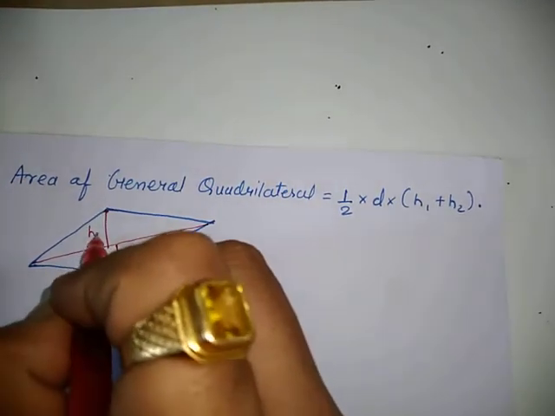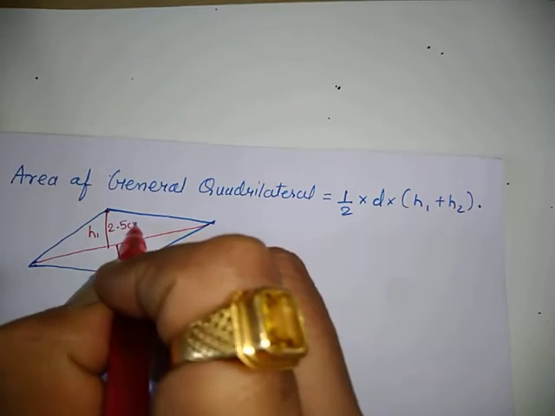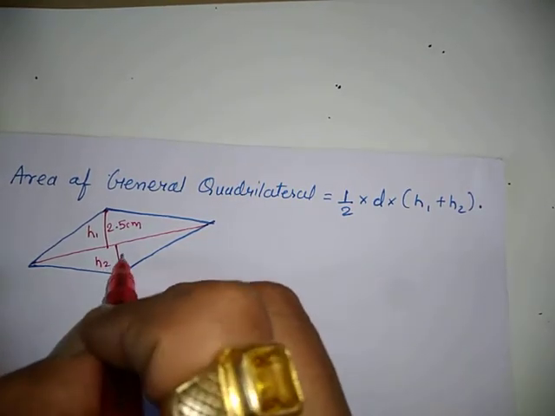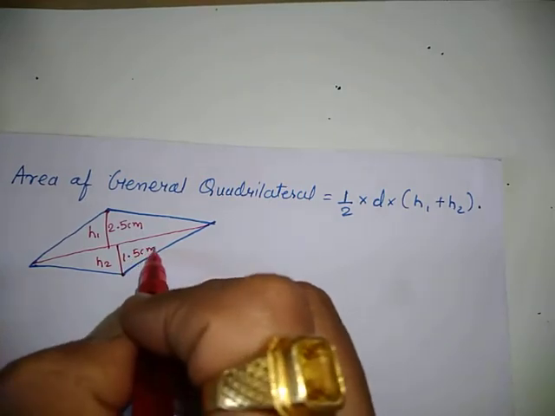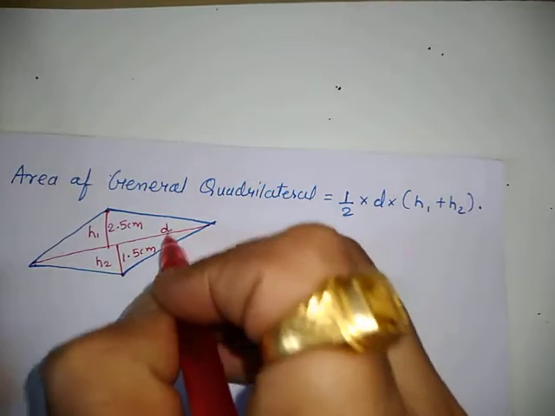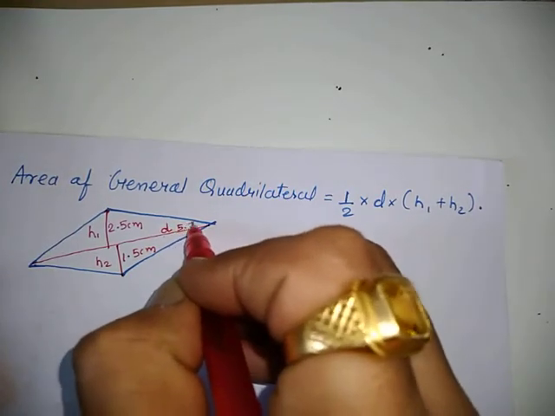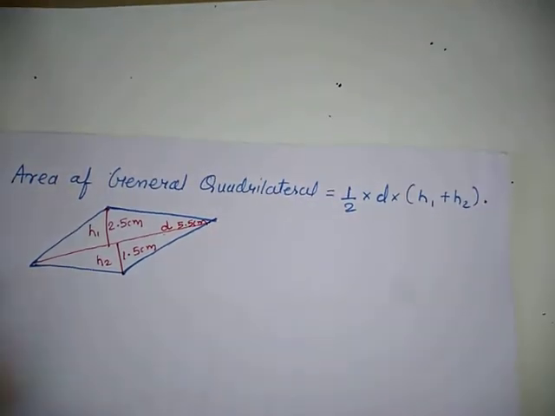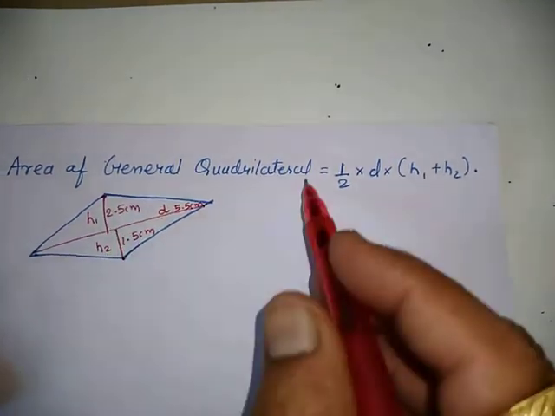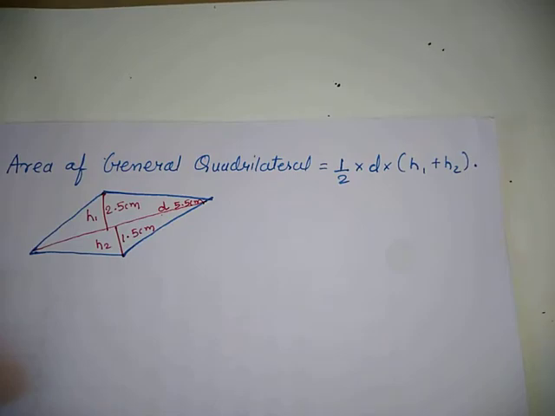So h1 is 2.5 centimeter and h2 is 1.5 centimeter. And d, that is diagonal, is given as 5.5 centimeter. So using this measurement we can find the area of this general quadrilateral.